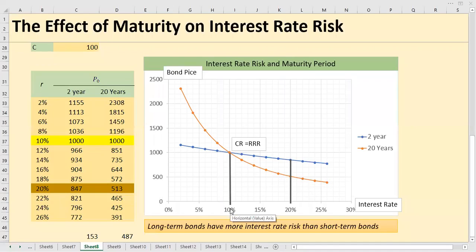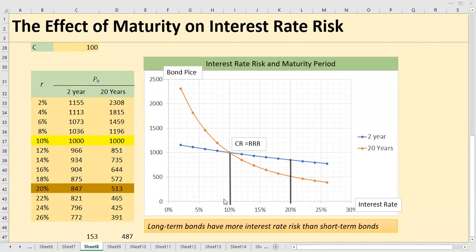Now we have an increase of interest rate from 10% to 20%, and the price is dropped from 1000 to around 500 rupees, exactly 530. So that is an aggressive drop of prices.